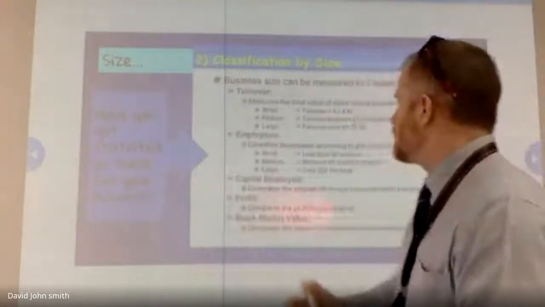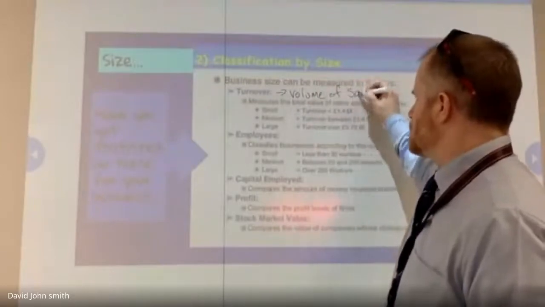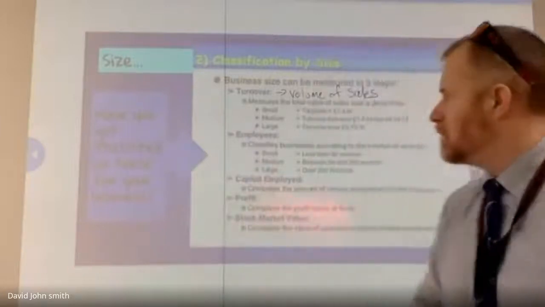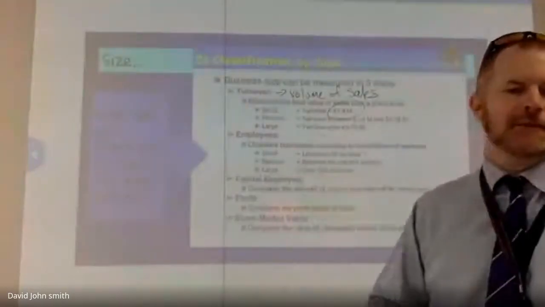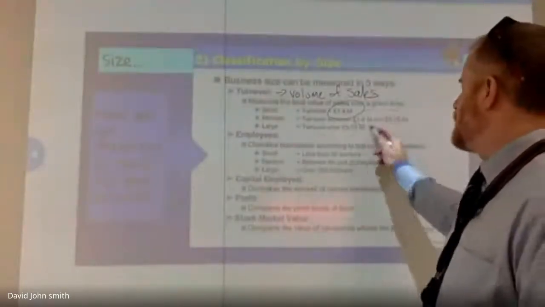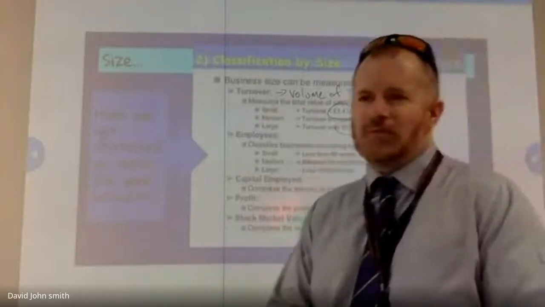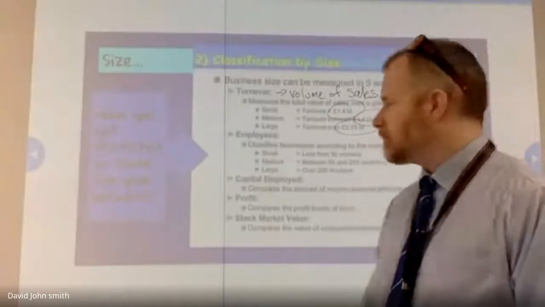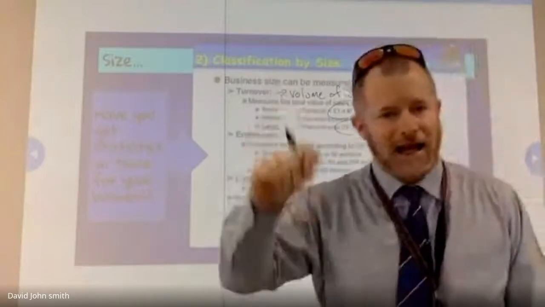So when you think about turnover, you're thinking volume of sales. How much are they actually making? What's the total revenue that they're getting? For example, it might be less than $1 million, or between $1 million and 5 million, or over 5 million. Businesses like Apple sell millions and millions of dollars worth of product, so by turnover they are considered a large business.